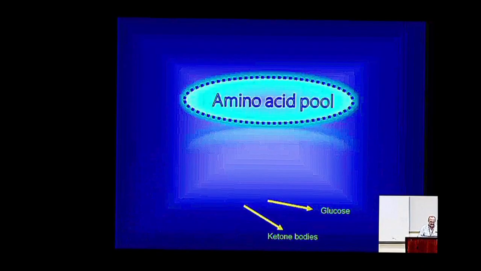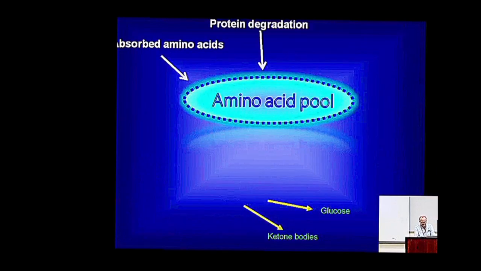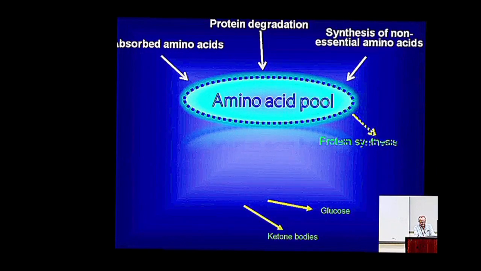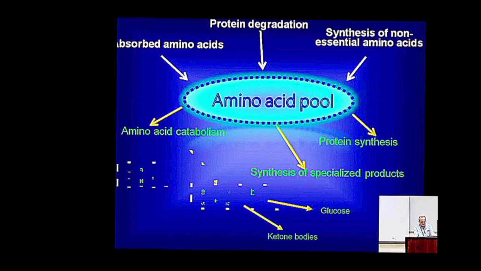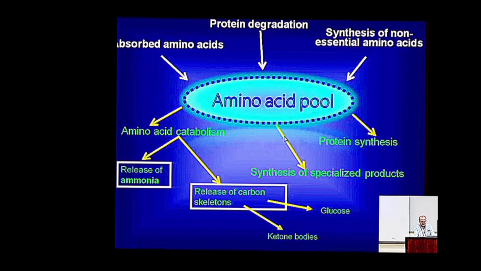I want you to appreciate just the big picture first. The big picture is we're going to have an amino acid pool coming either from the dietary amino acids, from cellular protein degradation, or synthesis of non-essential amino acids.